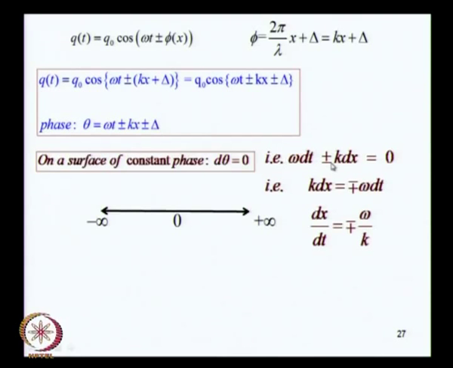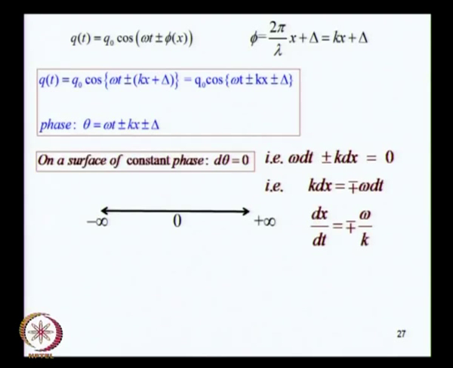So, omega dt plus or minus k dx is equal to 0, which essentially means that if you take dx by dt, it will be either minus or plus the ratio omega over k. Now, omega over k is an intrinsically positive constant quantity, right.